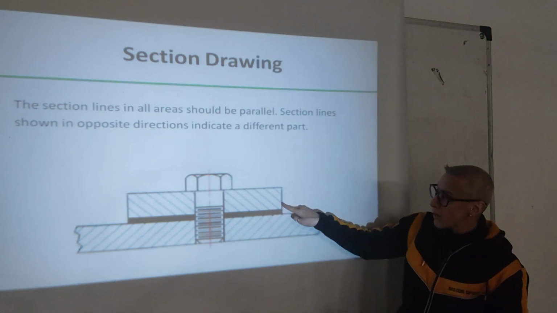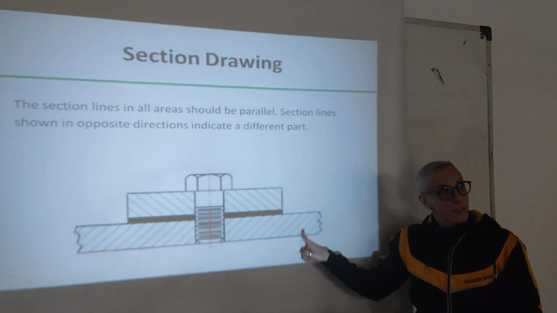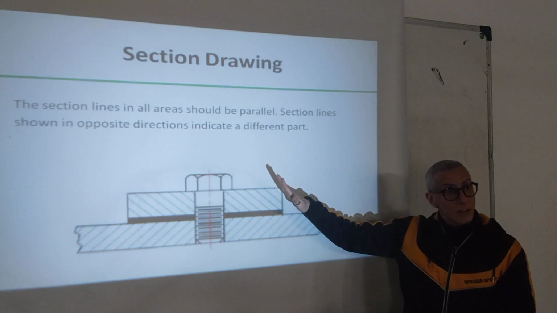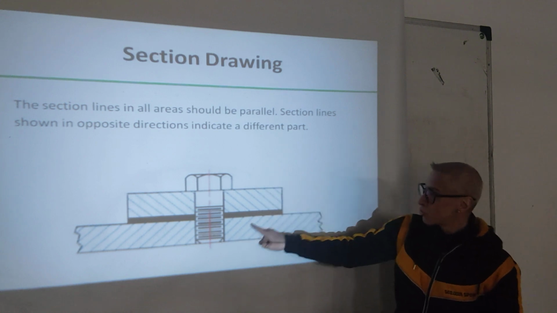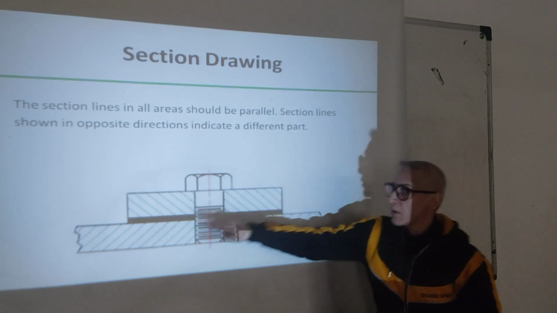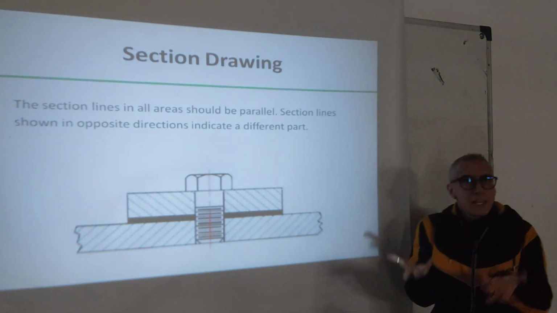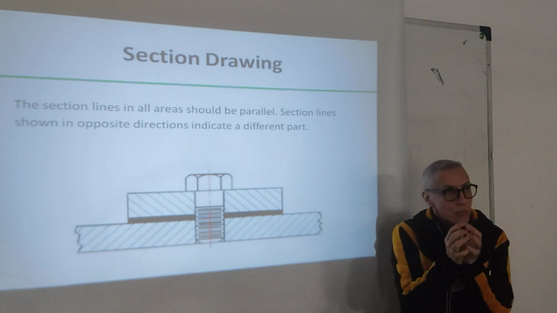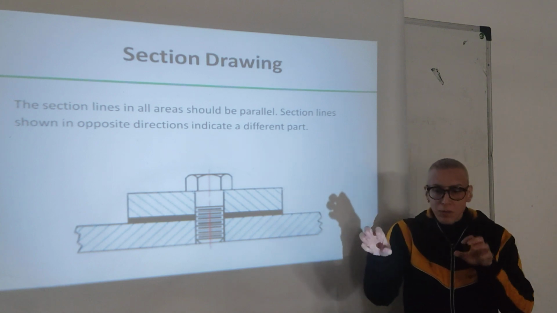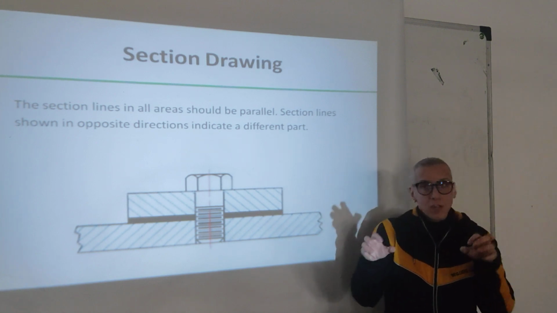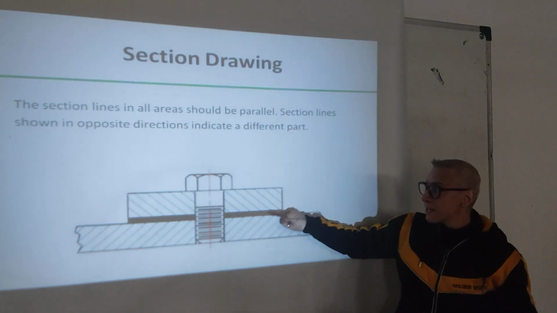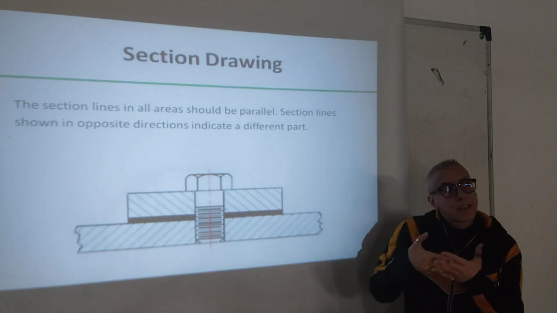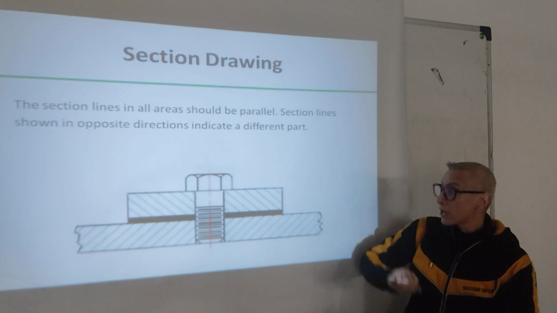So, this is 45 degree and this is 45 degree, but they are in different directions, okay? Not, for example, show like this, all of them, because it will mean that this is one piece, okay? But if it's one part and another part, we need to show this to be clear that these two pieces are not connected. They're separate, okay?